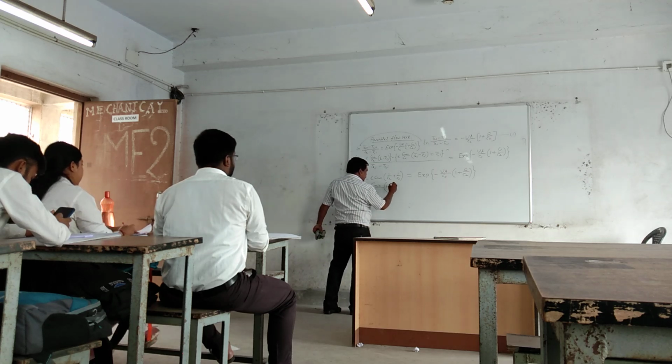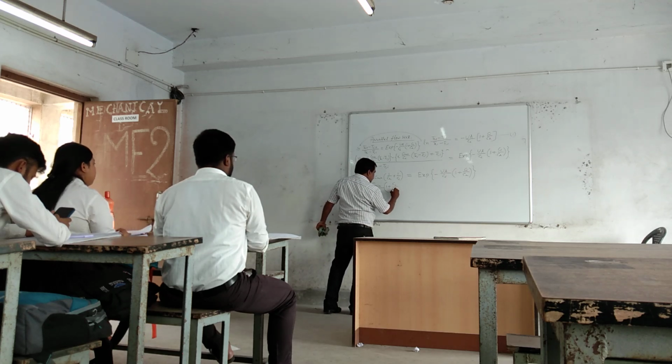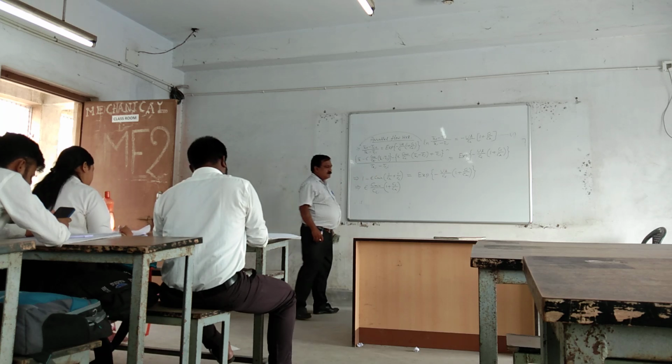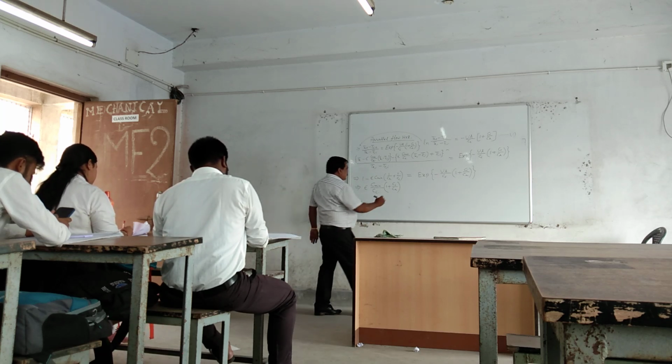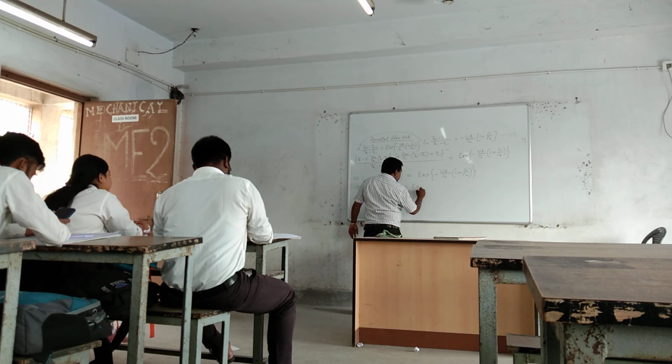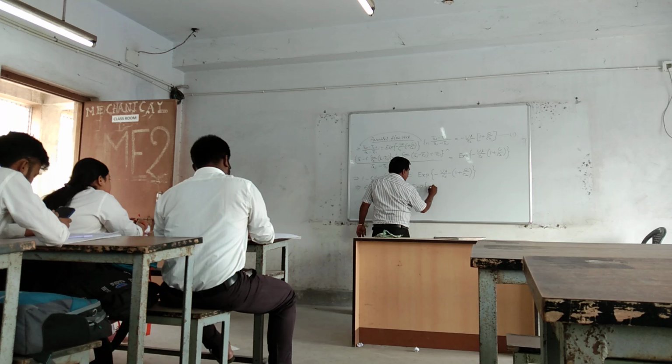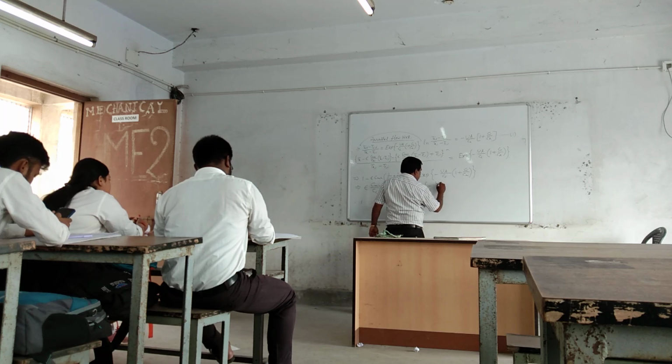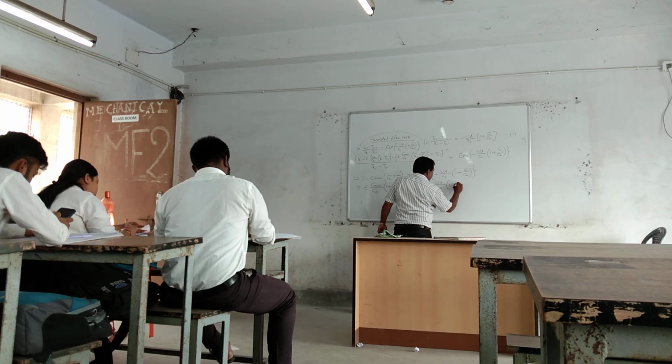So 1 plus CC by CH. That would be written as exponential minus UA by CC into (1 plus CC by CH).